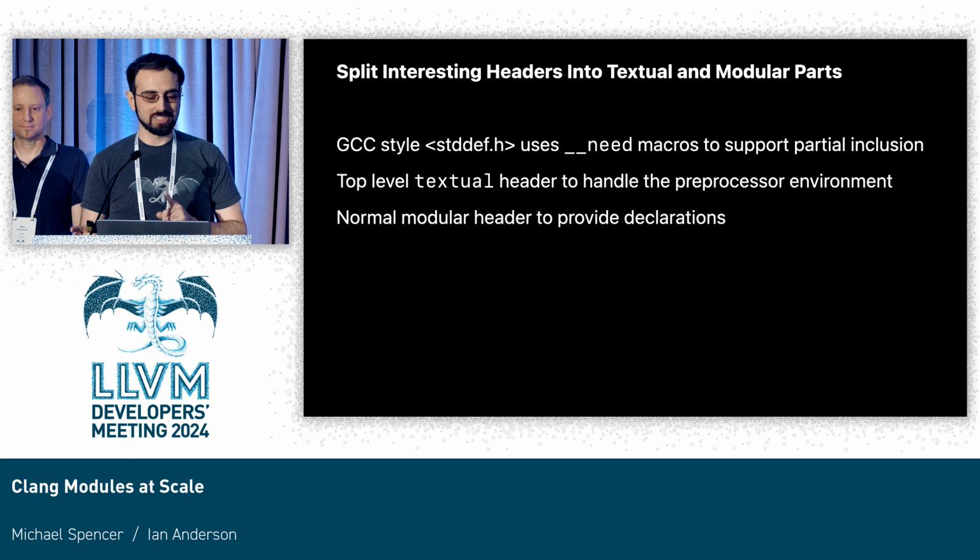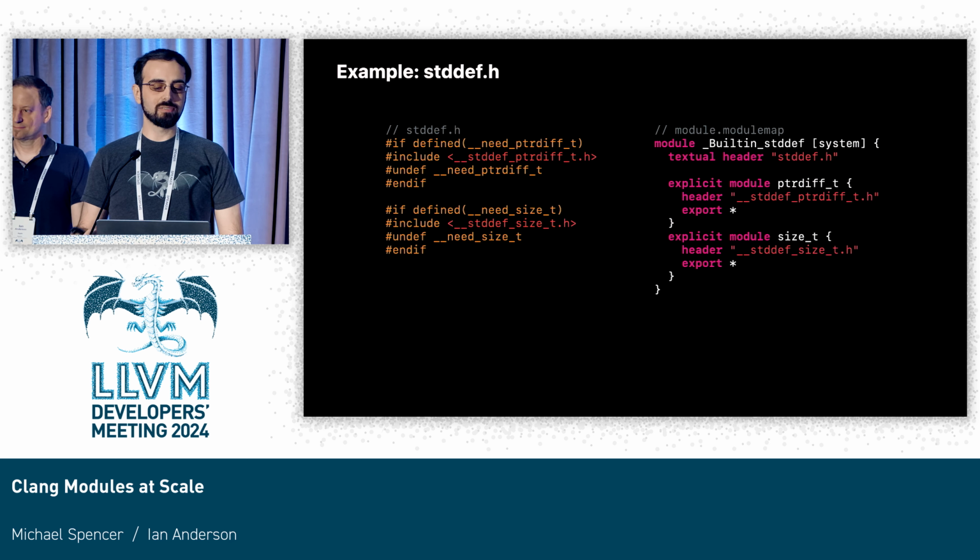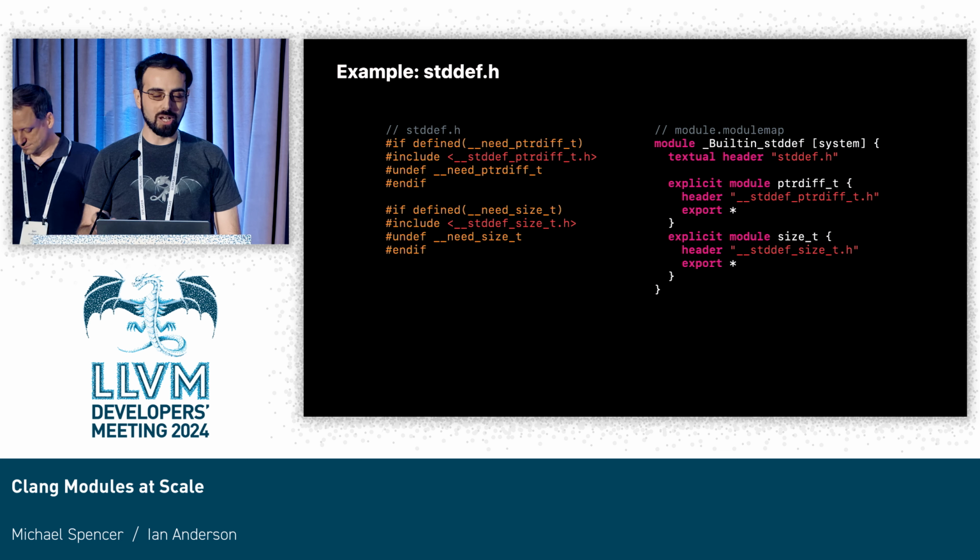So here we have stddef.h, and this is a very simplified version where, if you say you need ptrdiff_t, then I'm going to include this special implementation header that is part of a submodule, and it actually defines ptrdiff_t. And here we look at the module map and see that stddef.h is textual, and these other implementation headers are normal modular headers.